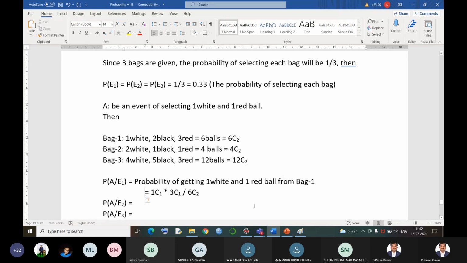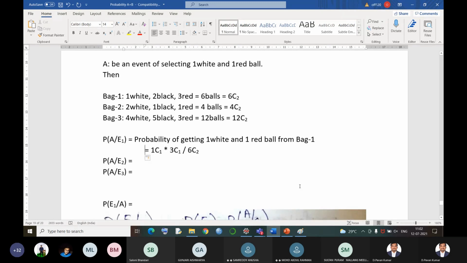So I got 1C1 into 3C1 divided by 6C2. Once you find out this answer, 1C1 means 1, into 3C1 is 3, divided by 6C2.